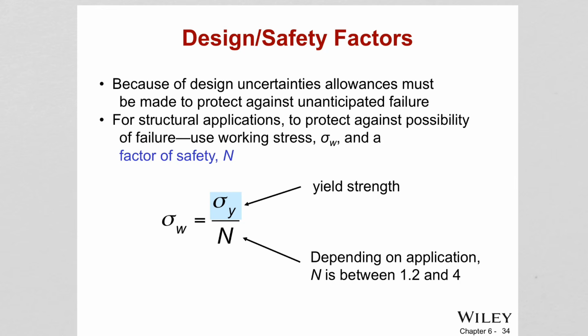The safety factor relates the working stress to the yield strength of the material. And the yield strength, of course, needs to be bigger than the working stress, because this will ensure that the possibility of failure will decrease.